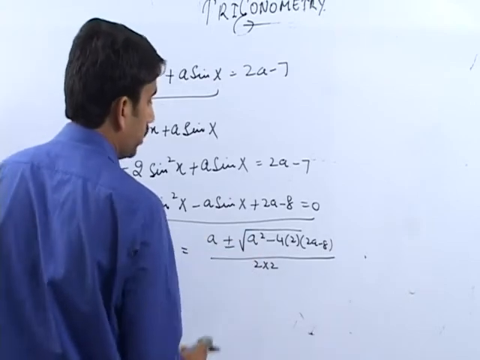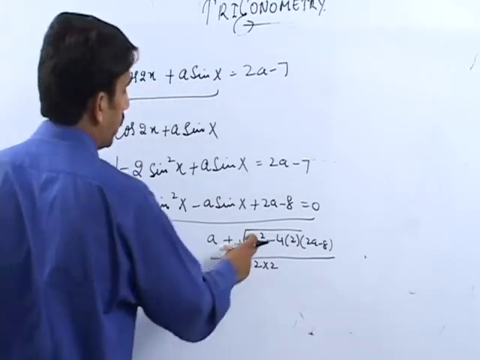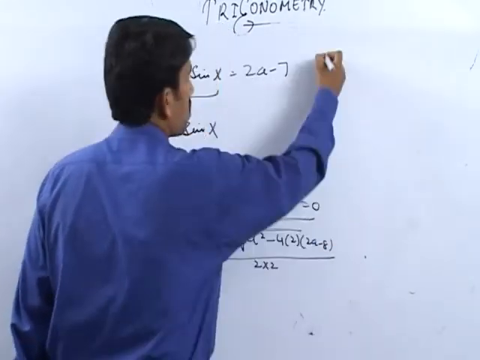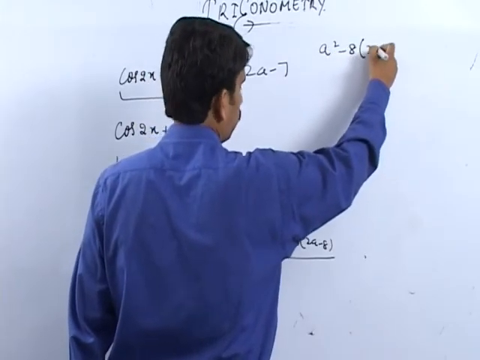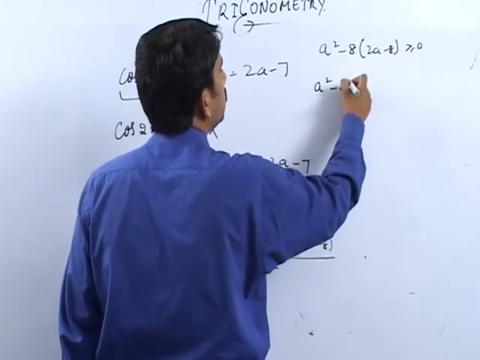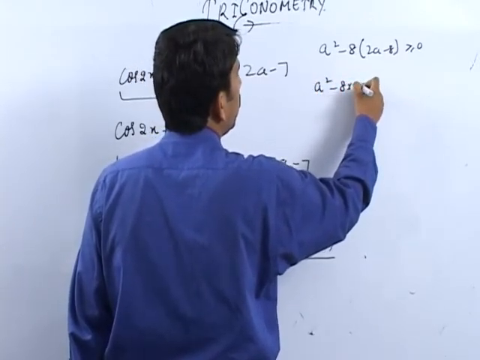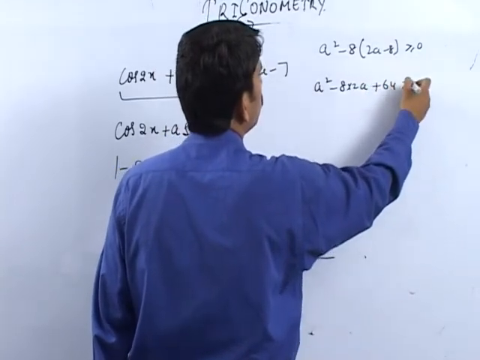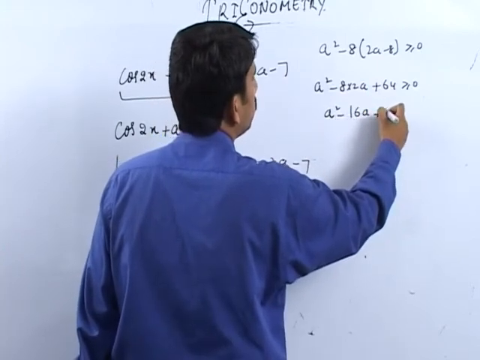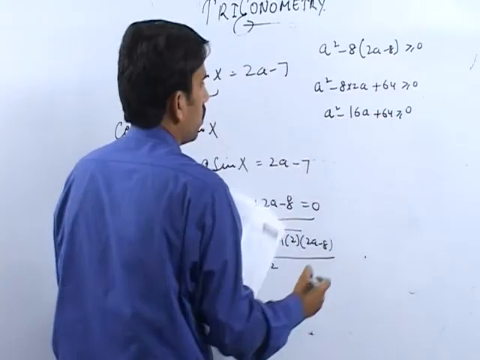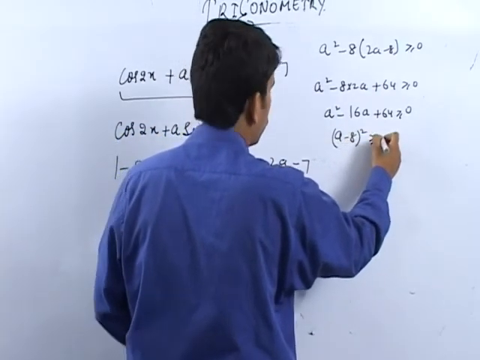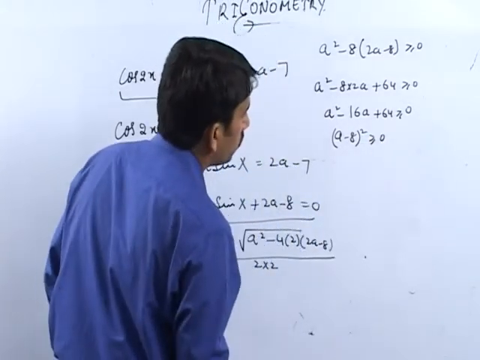Either you can put this into minus 1 to 1, or you can take a square minus 8 times (2a minus 8) greater than or equal to 0. That means a square minus 16a plus 64 is greater than or equal to 0, or (a minus 8) the whole square is greater than or equal to 0.